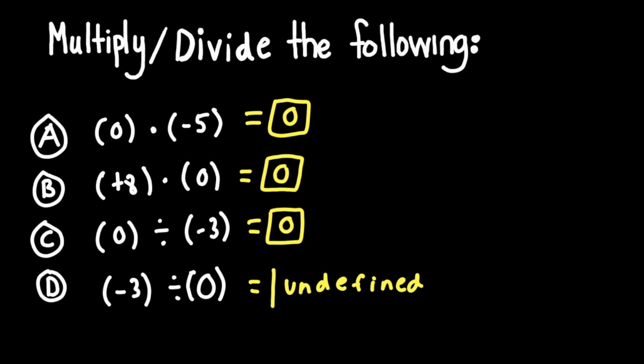So you have to remember one important key concept, which is this: you cannot divide by 0. One way that I like to think about it, that I learned, is to think of a fraction bar, which is really division. So if you have, for example, 1/2, you're really saying 1 divided by 2.